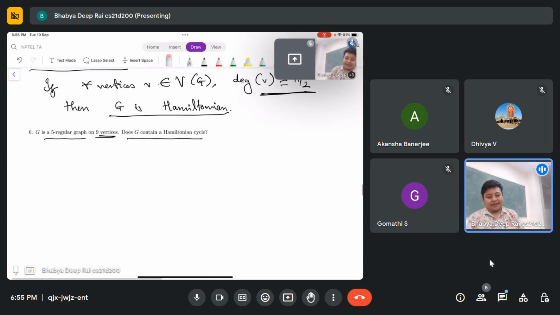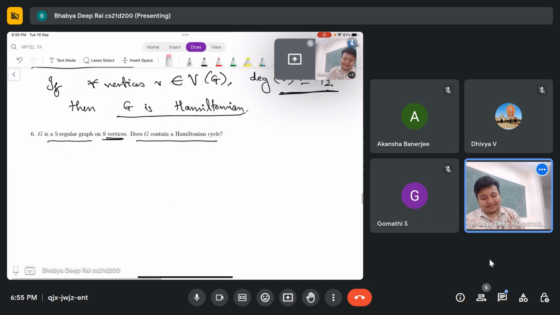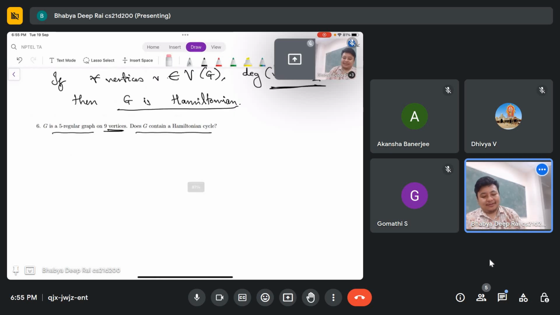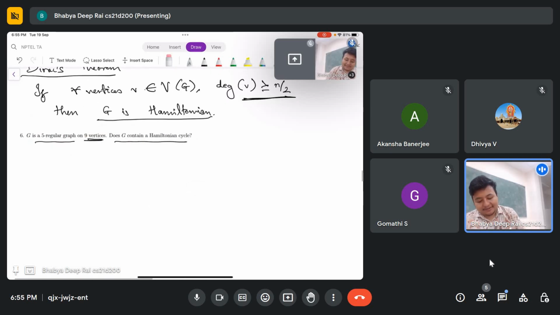Okay, good. Yeah. The answer is correct. Yes, it does have a Hamiltonian cycle. Why? It's just a straightforward application of Dirac's theorem.